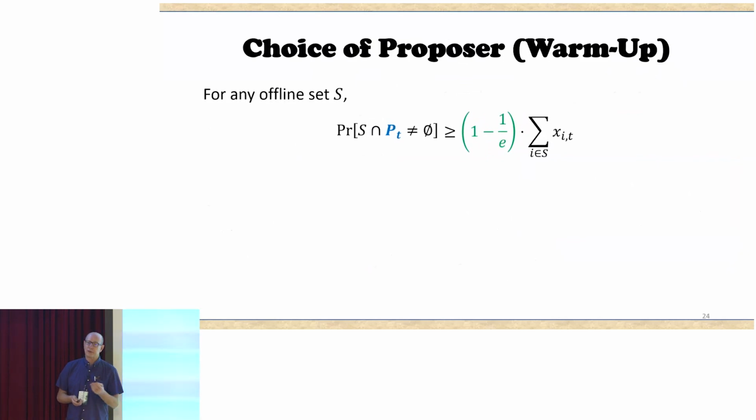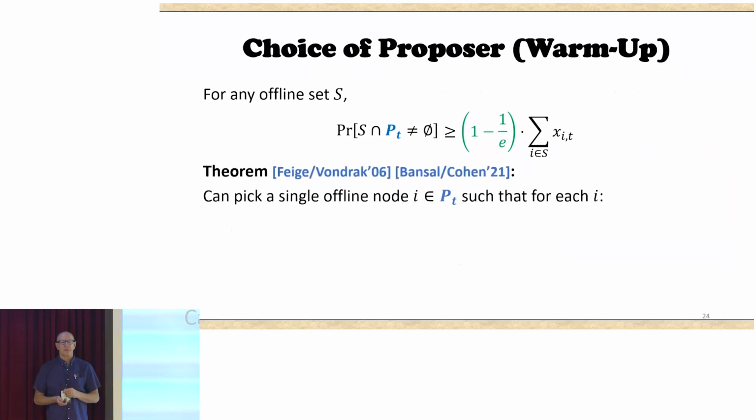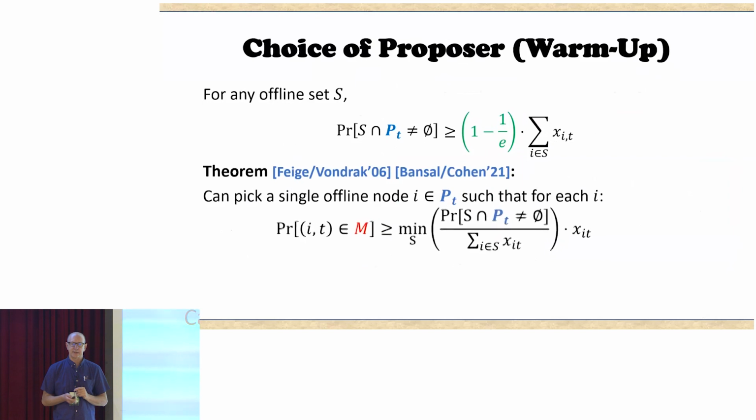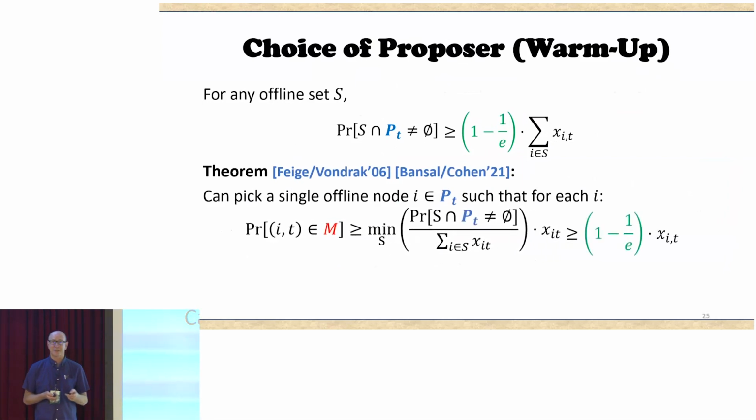Okay, so we have this inequality, and the question is, can we get the 1 minus 1 over e? So we want to pick a single offline node from the random set P_t, so that for each i, the probability that (i,t) is in the matching is equal to the expression on the right-hand side, which is at least 1 minus 1 over e times x_it.